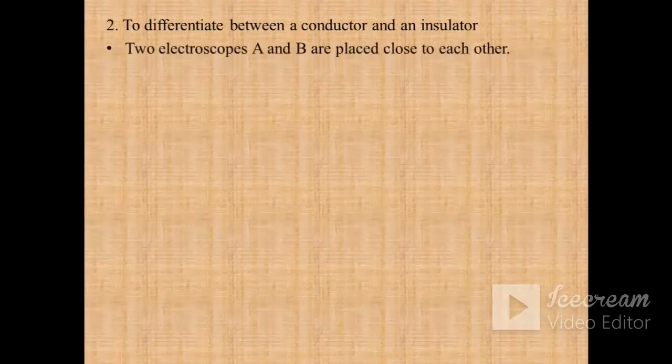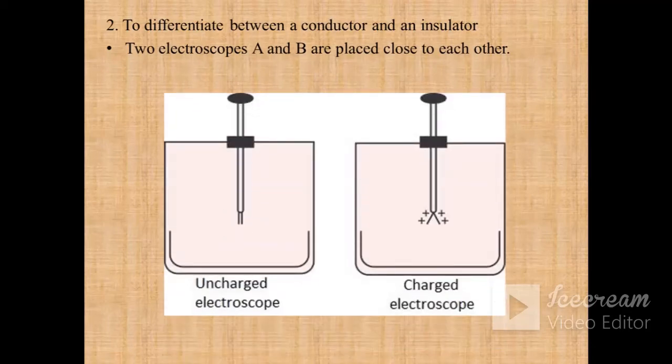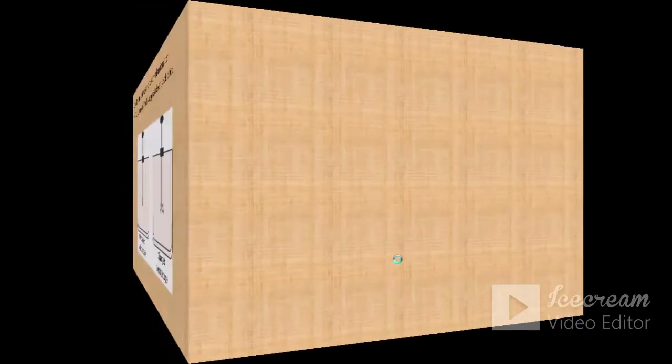Now if you want to differentiate between a conductor and an insulator, two electroscopes A and B are placed close to each other. One is uncharged and one is the charged electroscope. Now what happens?